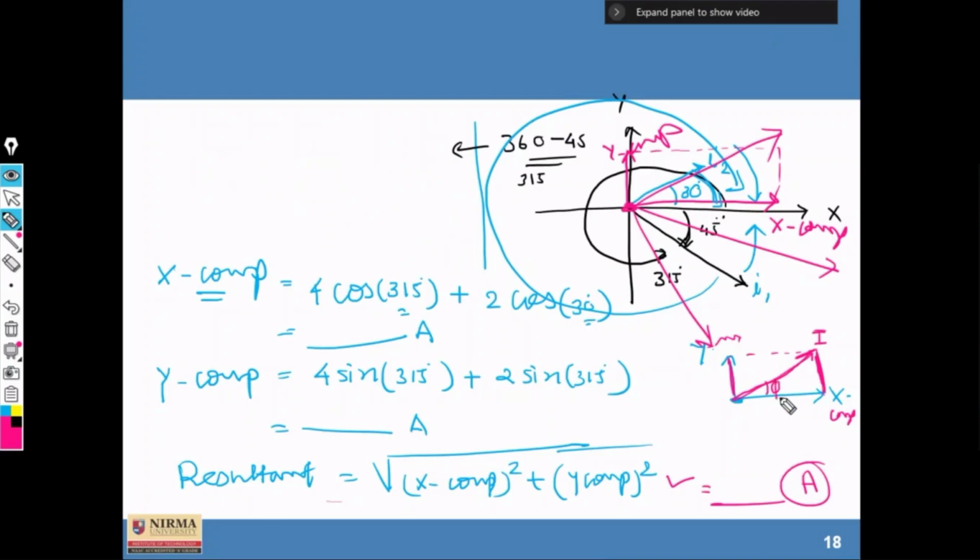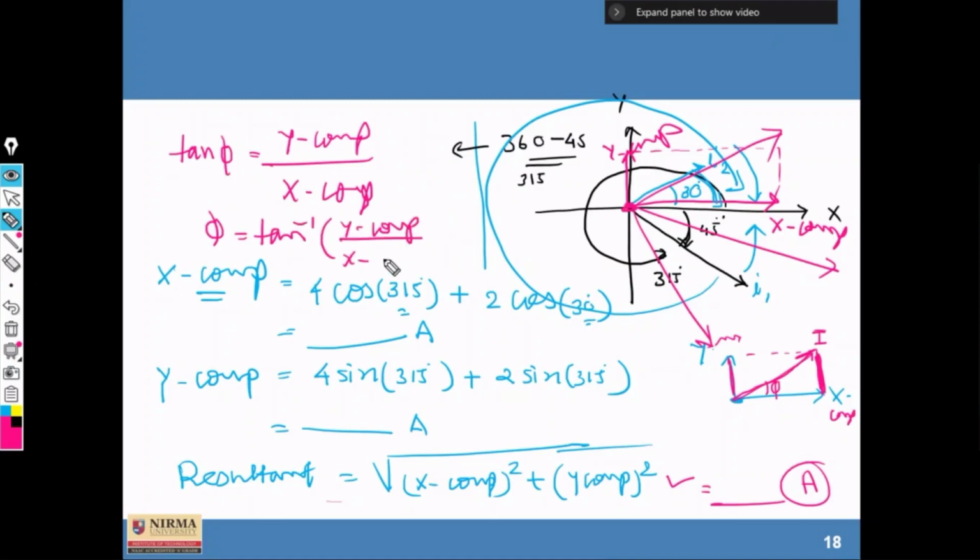So tan phi is equal to y component upon x component. With the help of this equation, we can find the angle at which the quantity is going to act, y component upon x component.